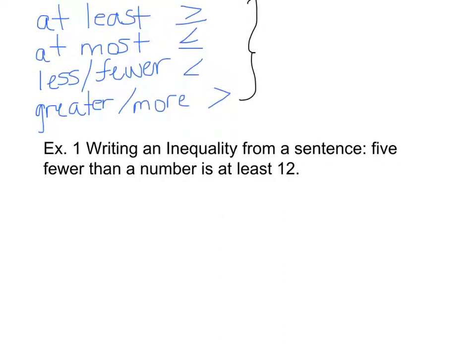So in this example, they want us to write an inequality from a sentence. So it says 5 fewer than a number is at least 12. We just discussed at least means we need that number or more.